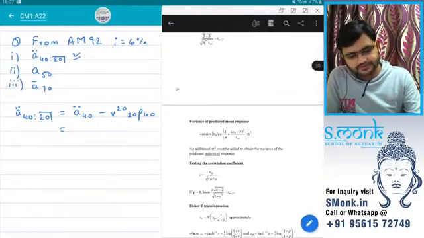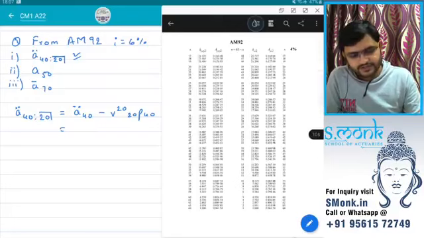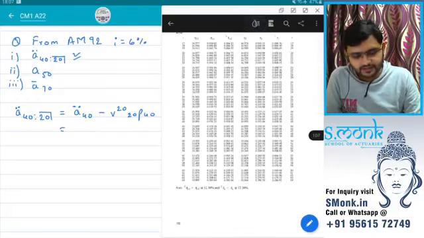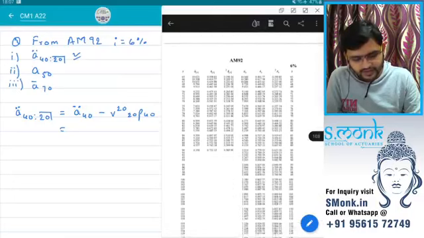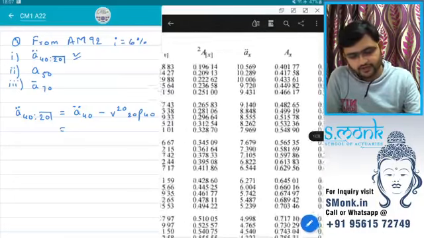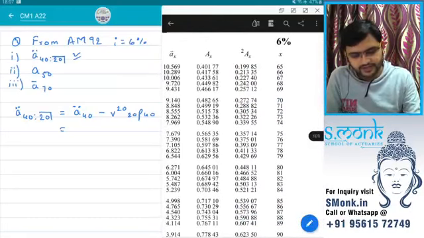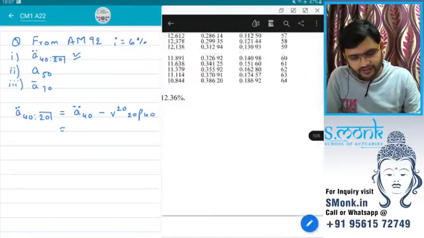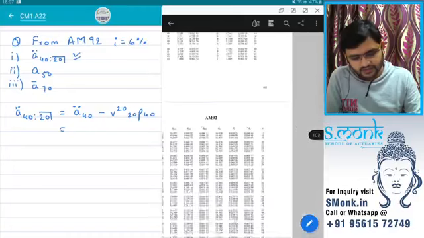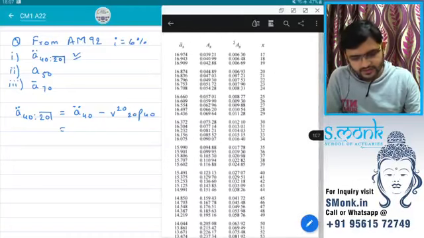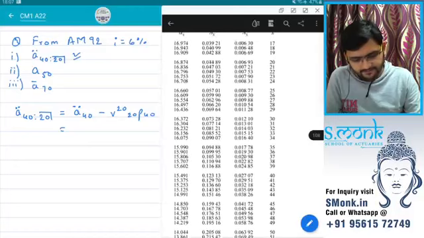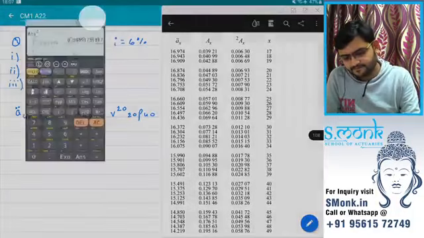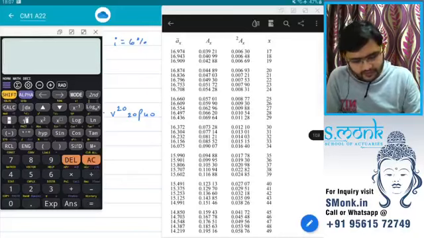Let's go to our 6% table. It starts from something like 102. So we have ADU 40, which is 15.491, minus V raised to 20, 20p40, which we will see later.